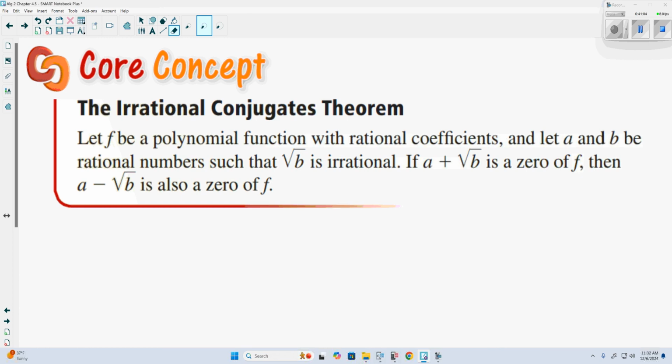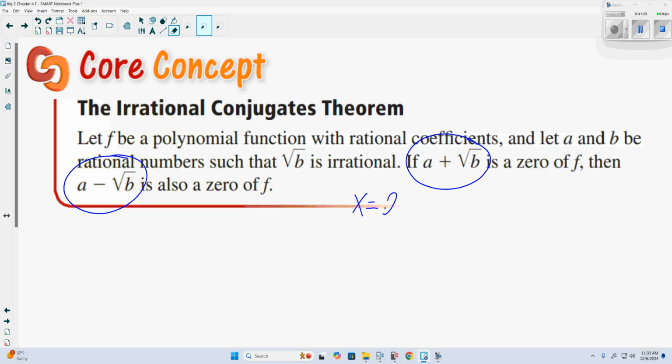The only other thing that we have is the irrational conjugates theorem. And really the big thing with that is if a plus the square root of b is a solution, then a minus the square root of b is a solution.